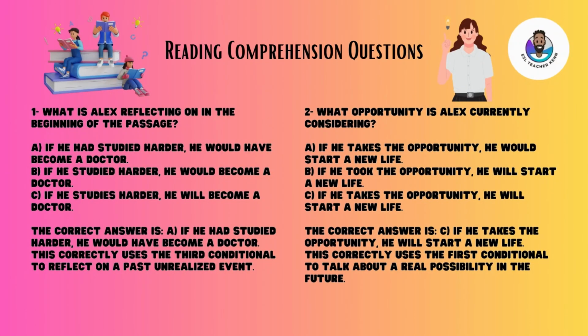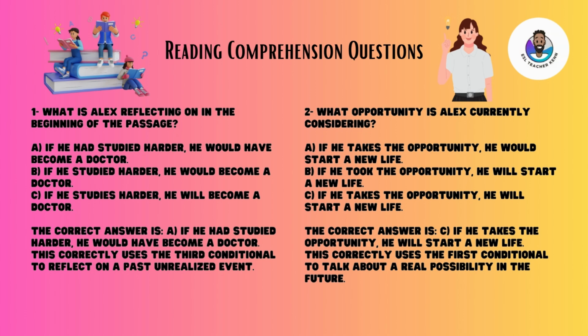Reading comprehension questions. 1. What is Alex reflecting on in the beginning of the passage? A. If he had studied harder, he would have become a doctor. B. If he studied harder, he would become a doctor.